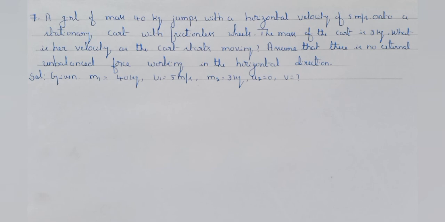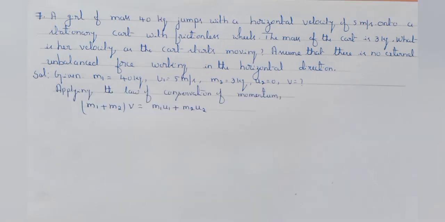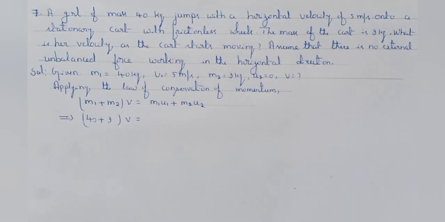Now apply the law of conservation of momentum. By the law of conservation of momentum, you know m1 plus m2 into v is equal to m1 u1 plus m2 u2. Now substitute 40 in place of m1 and 3 in place of m2, and v we have to find out.